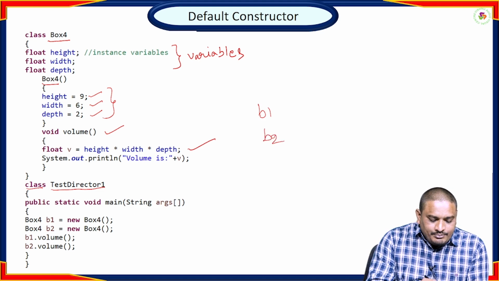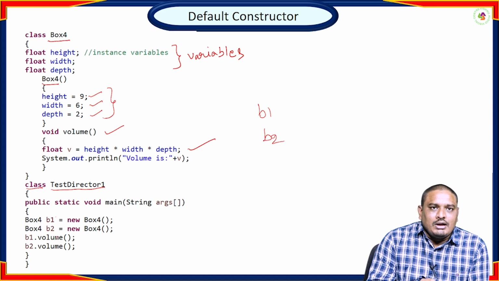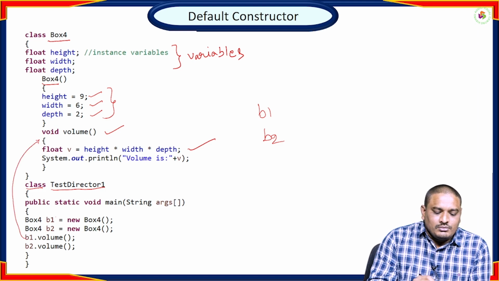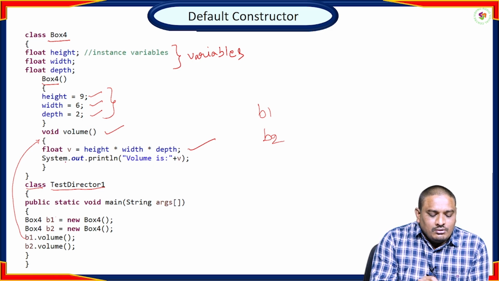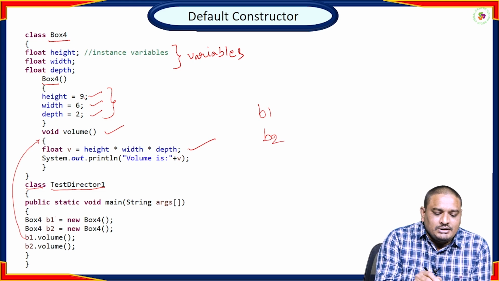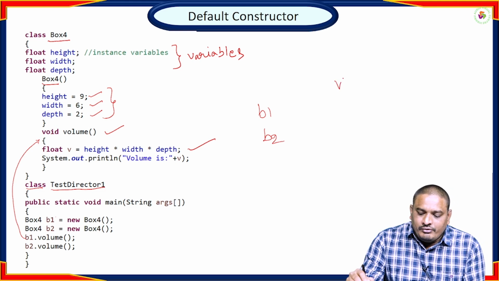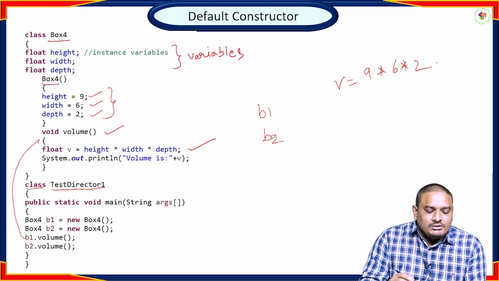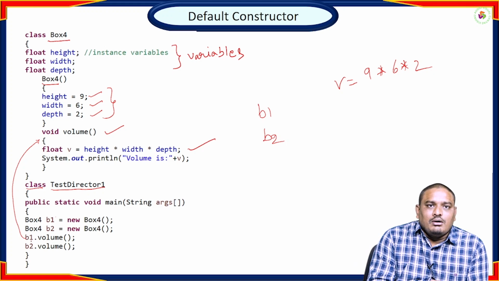Calling B1.value goes to the value method, where v equals height into width into depth. Already we have assigned the three values, so v equals 9 into 6 into 2. That is for the first object.